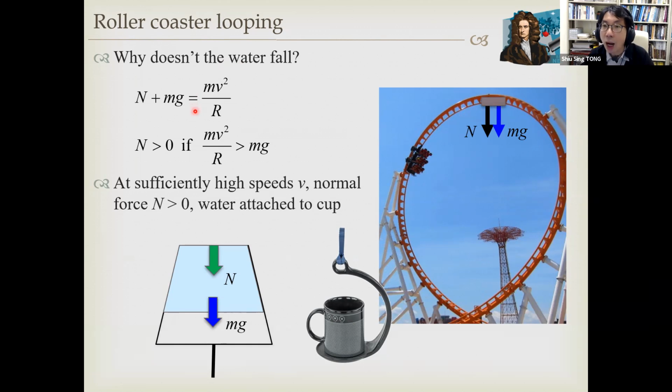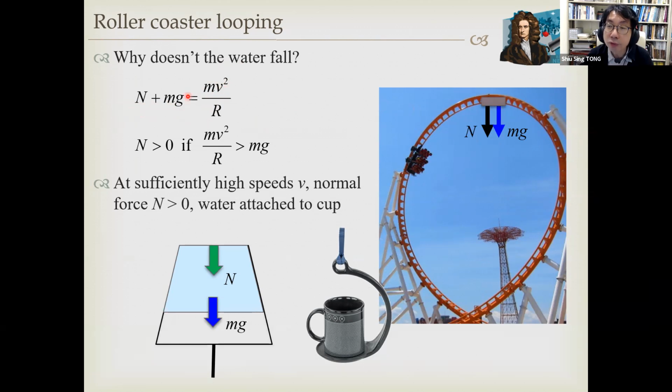Now let us see why. Because at the top of the loop, the normal force and your weight are in the same direction. They are both vertically downward. So they add up together, N plus mg. N is the normal force, mg is your weight. The two forces add up to provide the centripetal force mv squared over r.